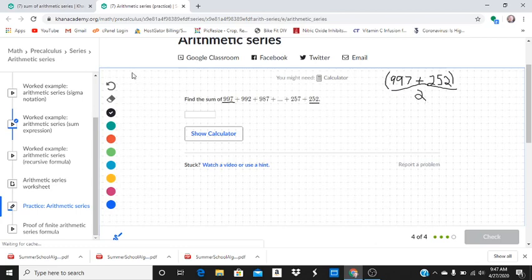The difference between each of these terms, we're subtracting 5. So it's a change of 5. What I want to do is not subtract the first term from the last term.